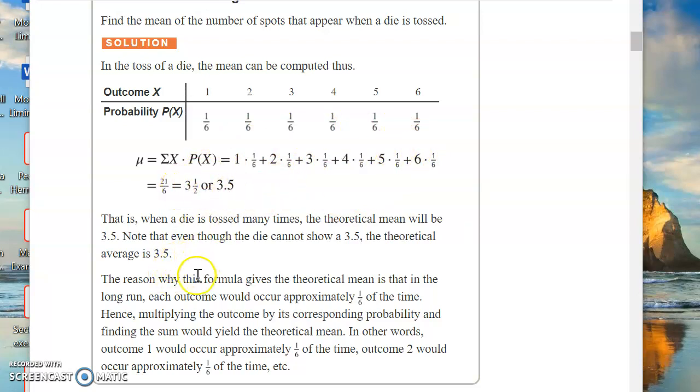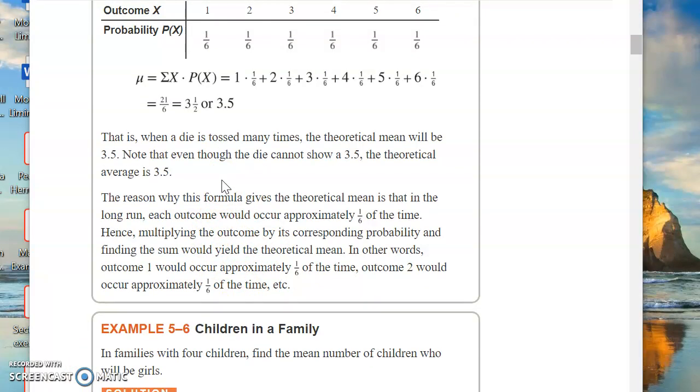Okay, so what is this saying? What does this really mean? When a die is tossed many times, the theoretical mean will be 3.5. Now, notice that even though the die cannot show a 3.5, the theoretical average is 3.5.